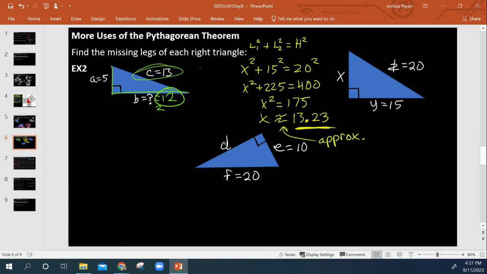So x is approximately 13.23, right? It's exactly equal to the square root of 175. And the square root of 175 is therefore approximately equal to 13.23.